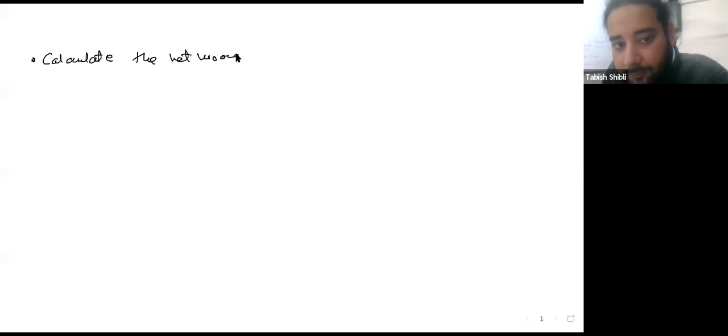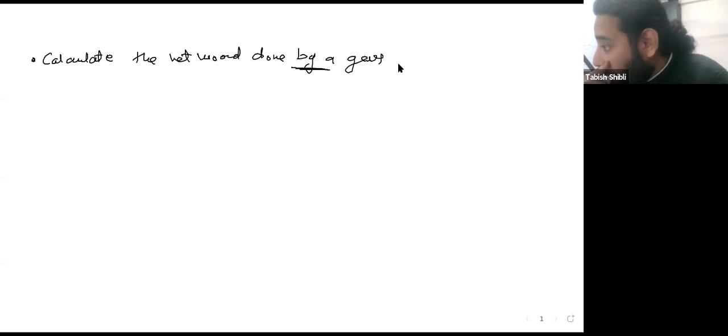Lovely. Okay, so do this. Calculate the net work done by a gas. First of all, by a gas, not on a gas, so take care of the positive and negative sign.